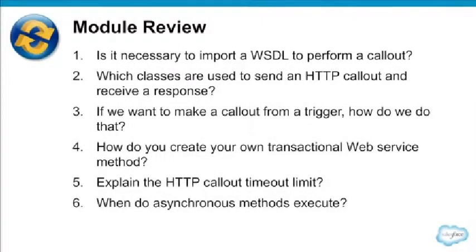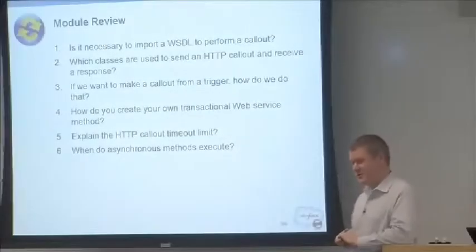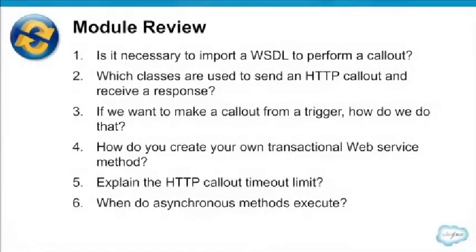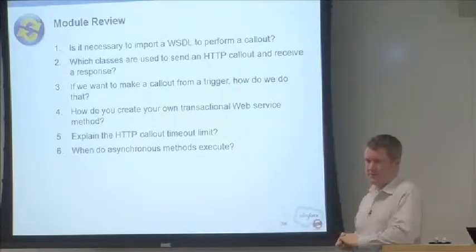How do you create your own transactional web service method? This one is referring back to a feature that we talked about associated with DML earlier. If I'm going to create a custom web service, what other thing could I use in conjunction with that? The webservice keyword, and if it has an uncaught exception, then the entire transaction will be rolled back.